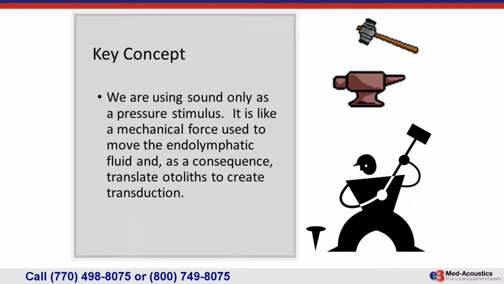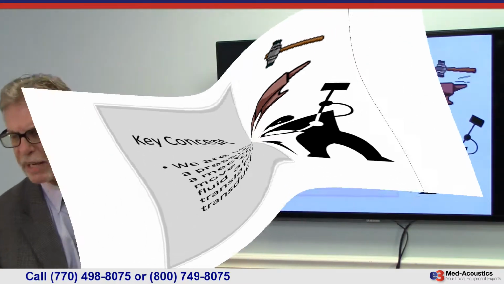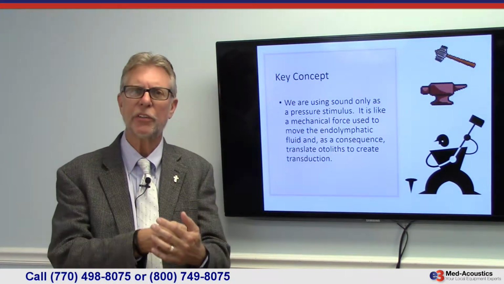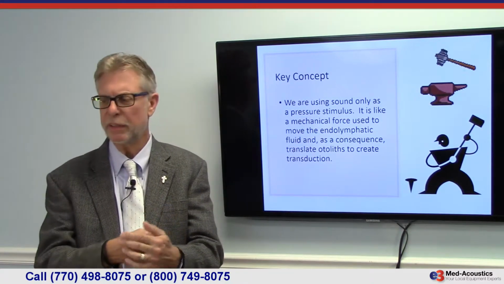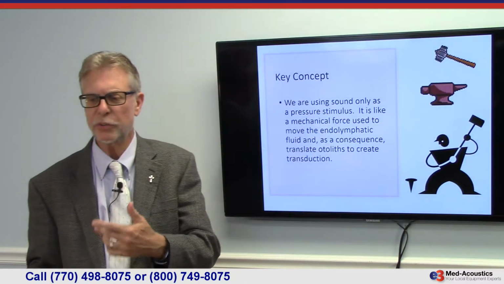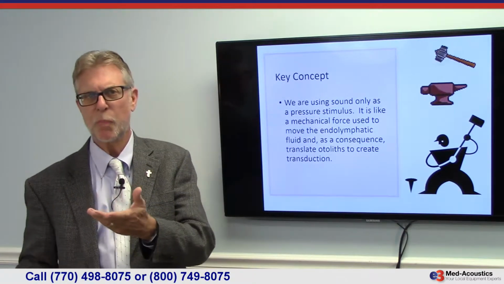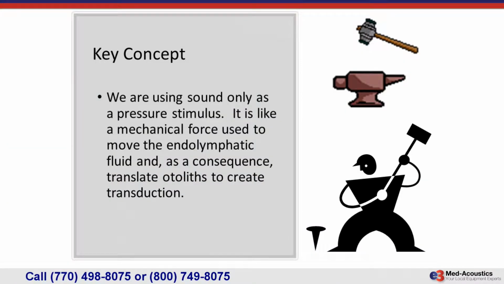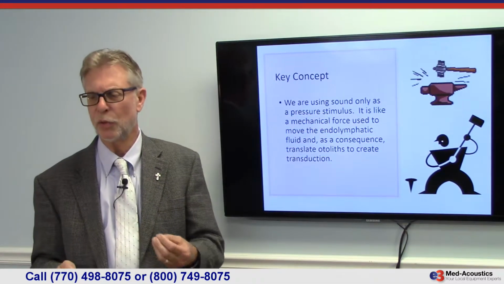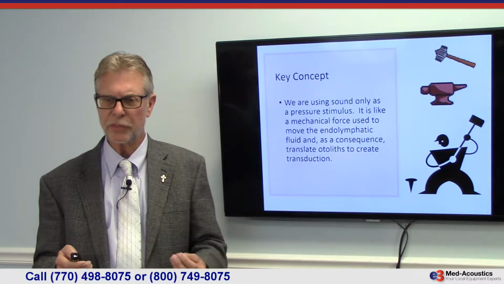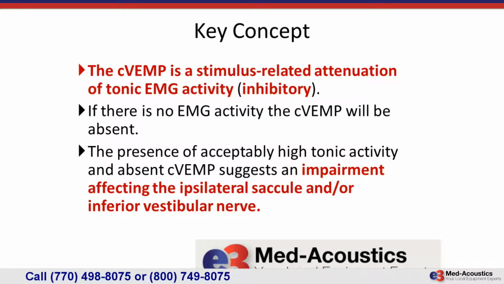Here's another key concept. We are really using high pressure sound stimulus as a way of kind of punching the saccule. Punching the saccule. So we're using it in that means. The frequency of it is going to be important to us, but also the intensity. So this is going to be a high intensity stimulus, very short duration stimuli, and over a short period of time, less than 100 milliseconds.